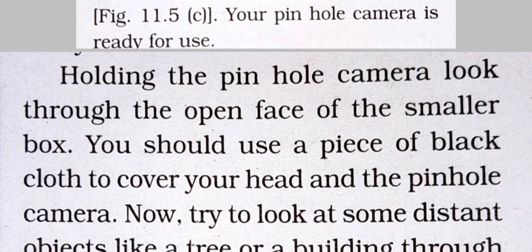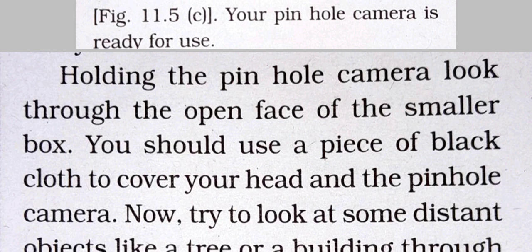Now try to look at some distant objects like a tree. Suppose you are sitting at your home and you want to see a tree which is lying somewhat far from your house. Now try to look at some distant objects like a tree or a building through the pinhole camera.